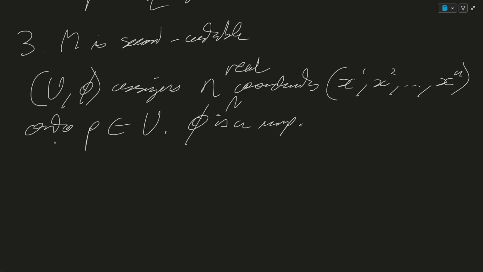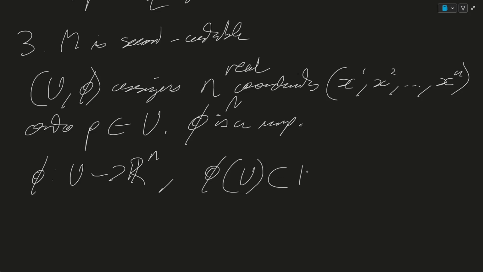I've already kind of defined what this is, but we can more formally set out that we have some phi which maps U to Rn, which is a homomorphism onto its image. Thus phi of U is in Rn.